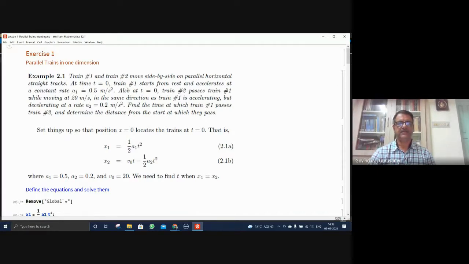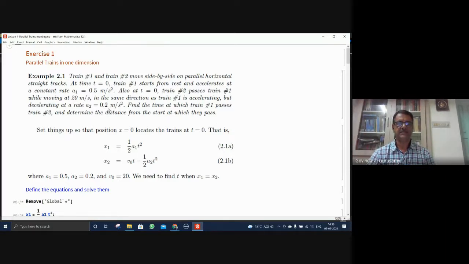At time t equal to 0, train number 1 starts from rest, which means the initial velocity is 0 and the position is also 0, and it accelerates at a constant rate a1 equal to 0.5 meters per second square. Also at t equal to 0, train number 2 passes train number 1 while moving at 20 meters per second in the same direction as train number 1, but decelerating at a rate of 0.2 meters per second square.